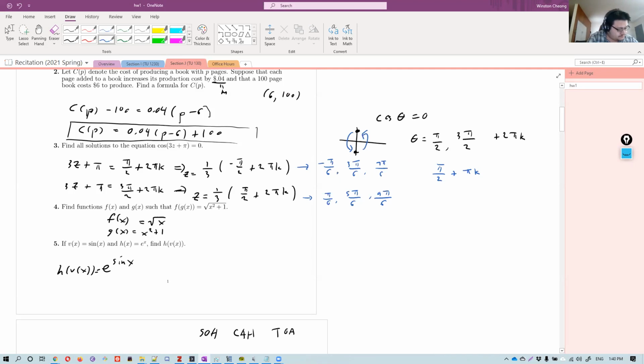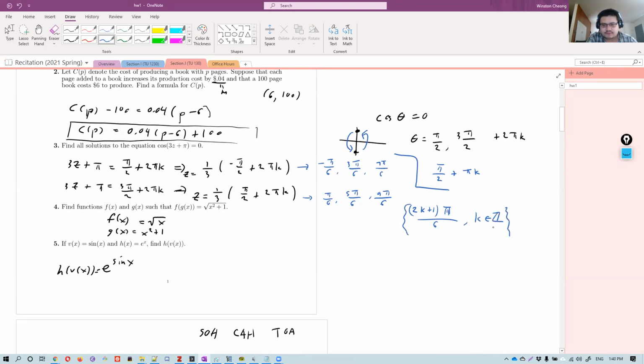So the actual answer you should get from all this work is you can write the whole family of solutions as being an odd number times pi all over 6, where k is an integer.